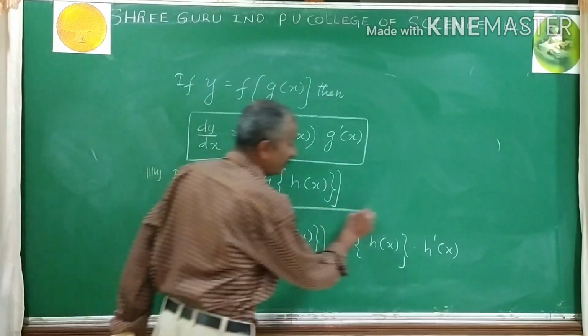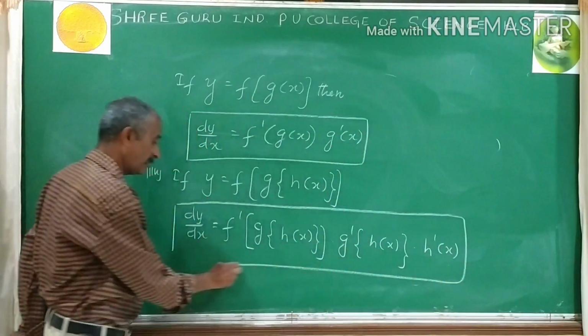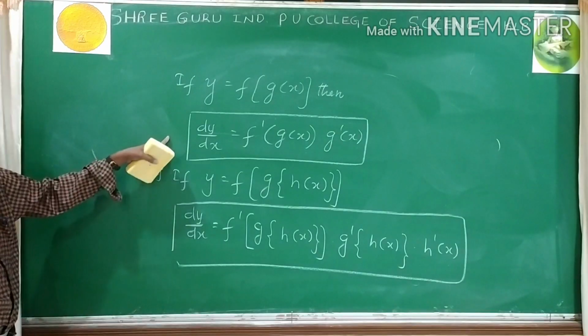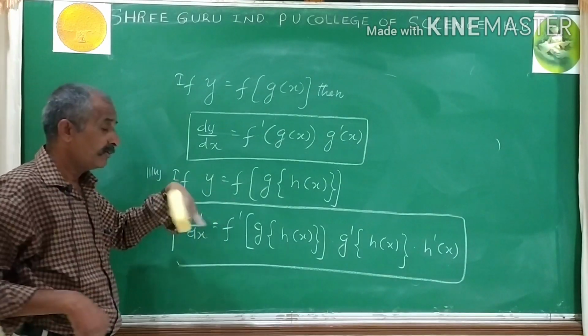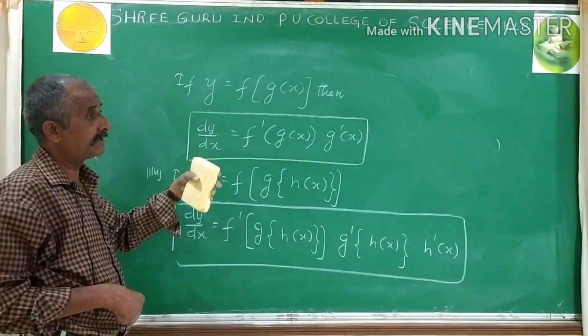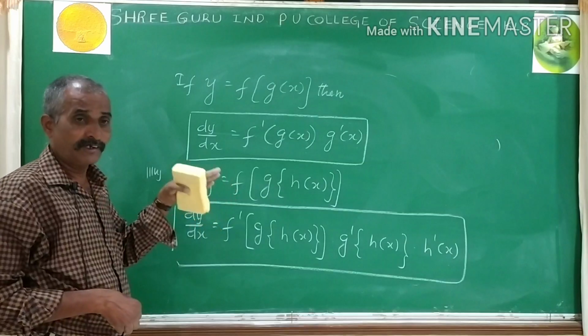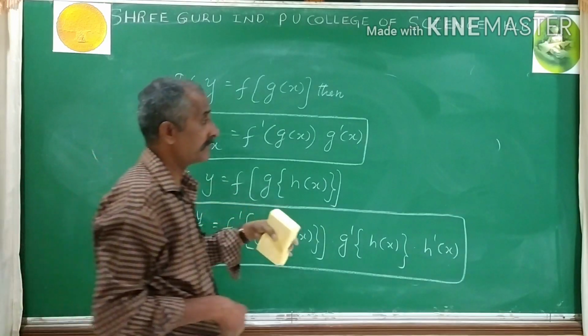Like this, the rule can be extended for any number of functions. What we took here is 2 functions, 3 functions; we can extend it for 4 functions, 5 functions, in general n number of functions. That's why it is also called the chain rule of composite function derivatives.